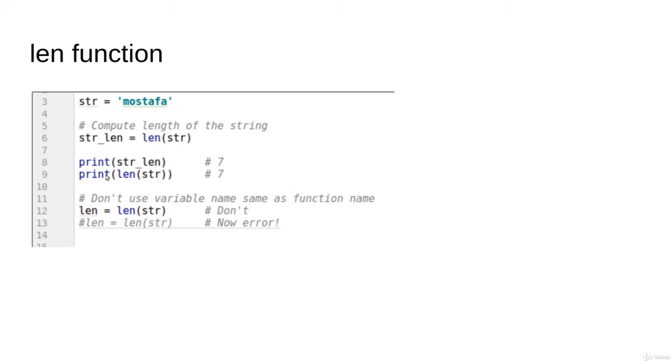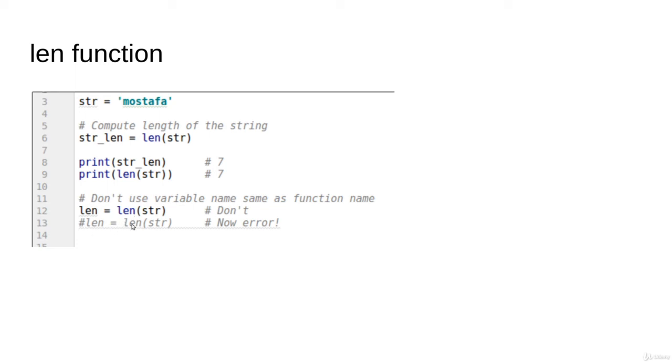Now a very common mistake that gives beginners a very hard time. Someone did the following: len equal len of str. So far so good. This is going to work normally. The len would be 7. The problem here is, similar to the dynamic typing, we can change the function name to be a variable name. Now this function name is going to be lost, and len is going to be a variable name here. Now the dynamic typing is going to give us a hard time.